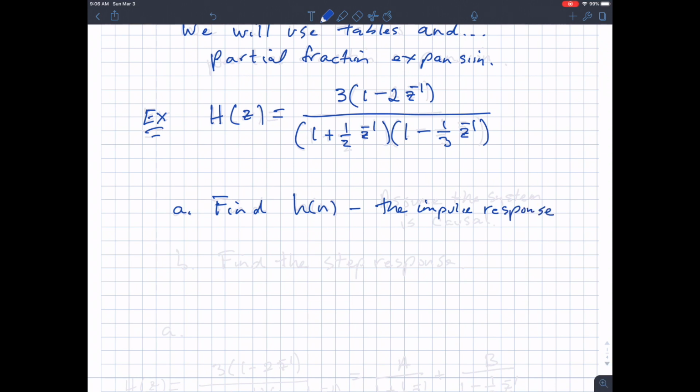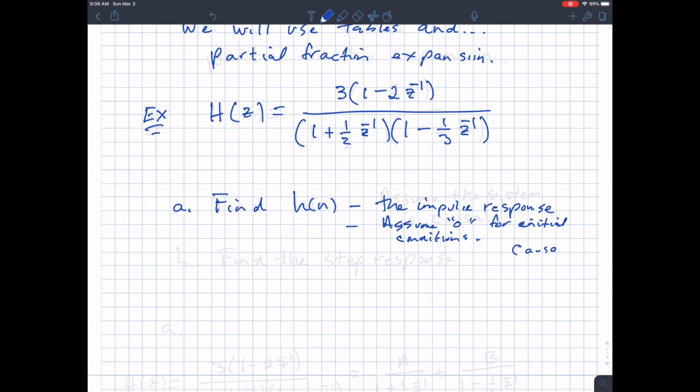And for that, we assume the system is at rest. Assume 0 for initial conditions. And we also assume that the system is causal.